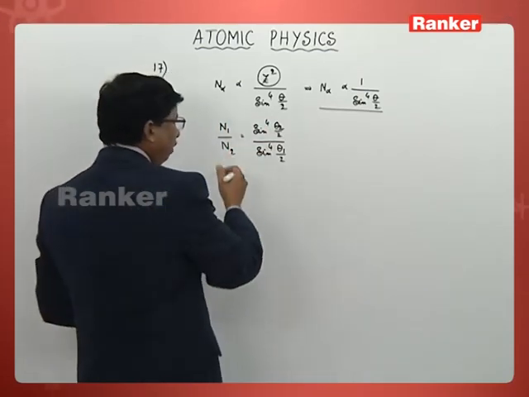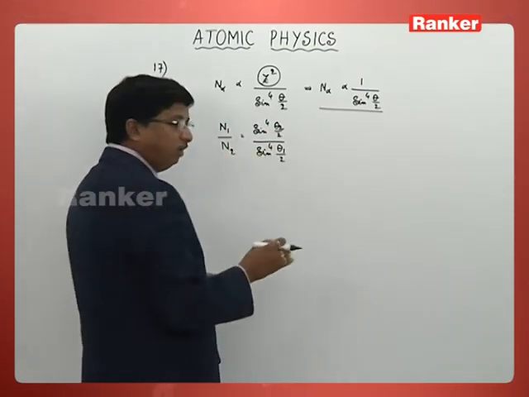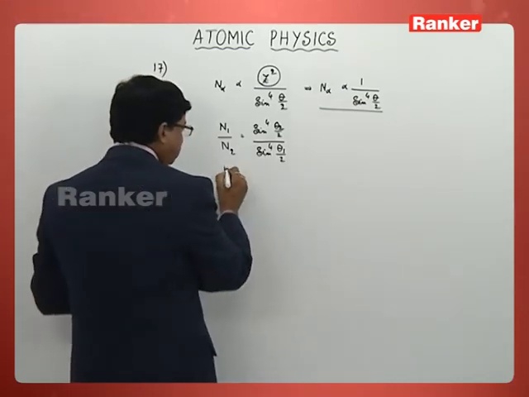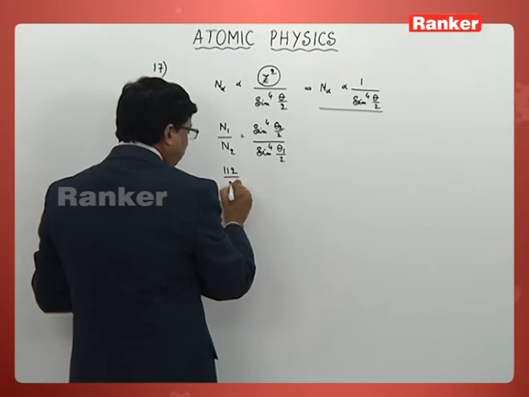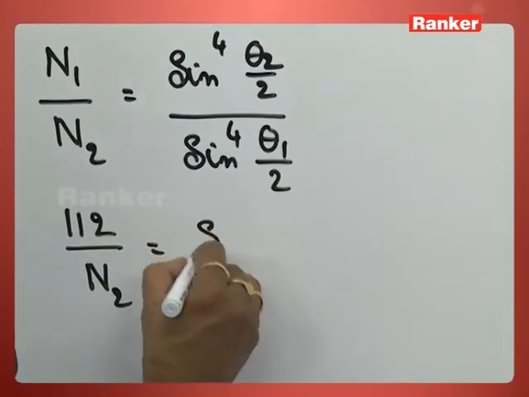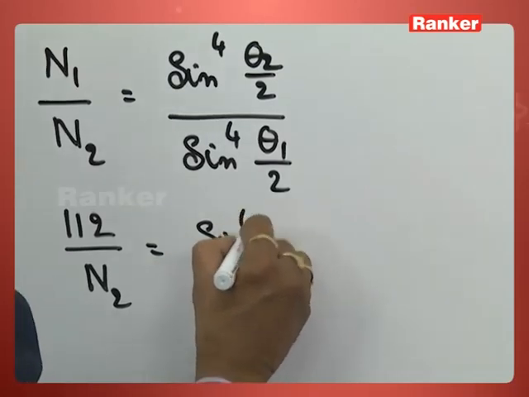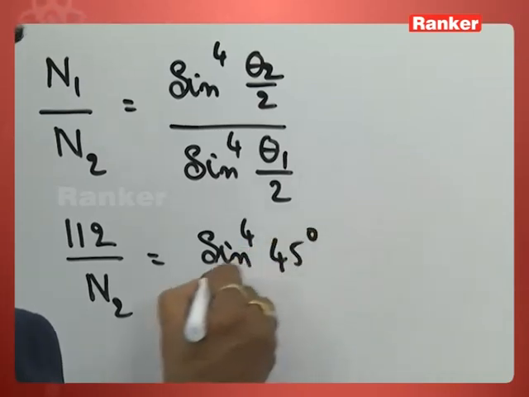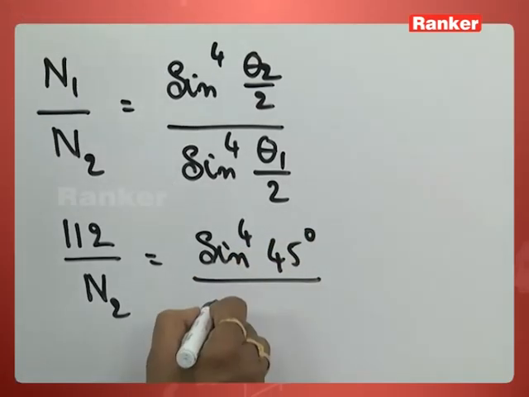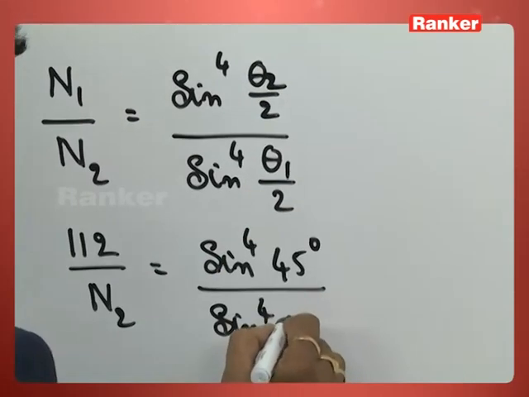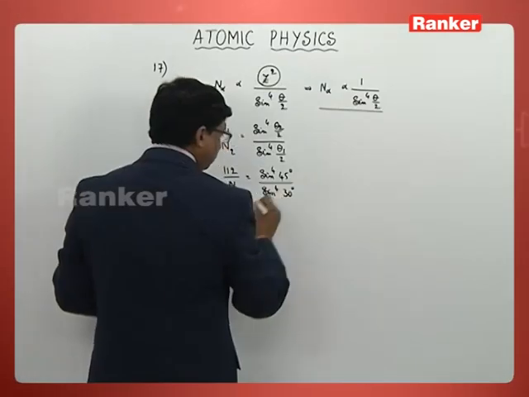So what can we write now? N1 is given in the problem as 112 per minute, by N2, which is to be calculated. Sine to the power 4 theta 2 by 2, it is now 45 degrees. And the first angle mentioned here is 60 degrees, therefore 60 by 2 now becomes 30 degrees.